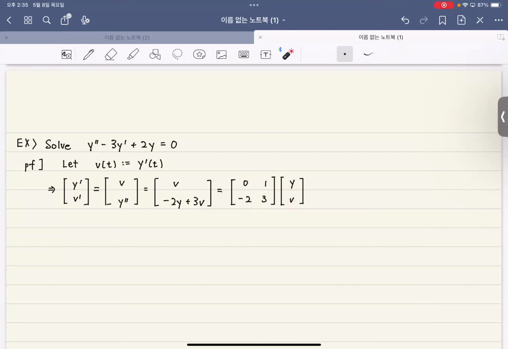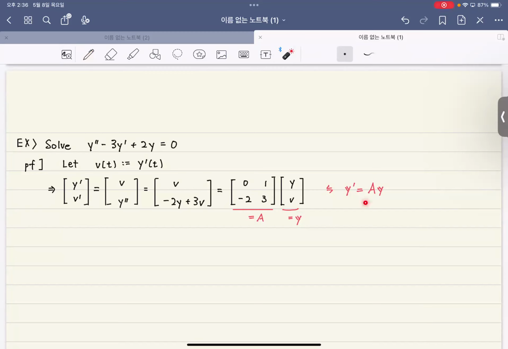This is a very typical system of differential equations. So this is my A. This is y prime, and this should be my y. So y prime is A times y. Now we need to solve this system.